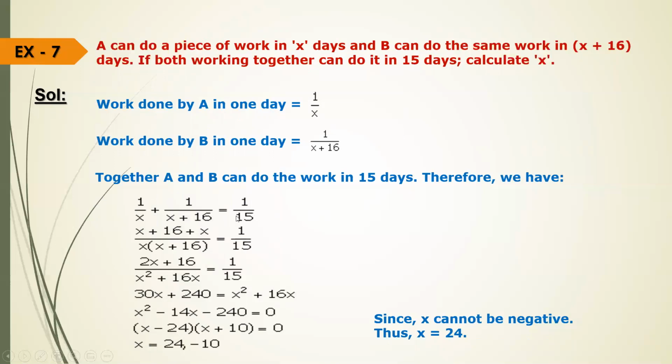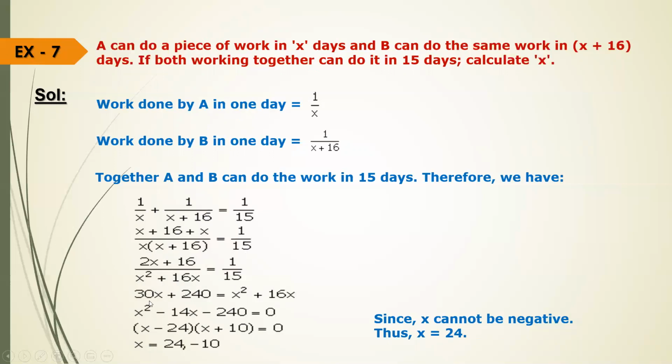So this is how we will get the equation. 1 upon x plus 1 upon x plus 16 is equal to 1 upon 15. Again take the LCM of the left hand side. It will be x plus 16 plus x upon x into x plus 16 is equal to 1 by 15. Do the cross multiplication.